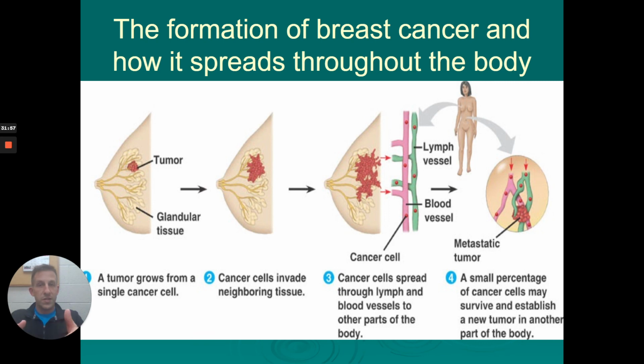It'll start in the breast tissue, but then it moves to other organs of the body. That's what makes it so dangerous and scary, because a tumor in the breast is not going to kill you, right? If it was a benign tumor in the breast, they'd be like, okay, fine. But if it's one of these that likes to move around, it needs to be dealt with very, very quickly.